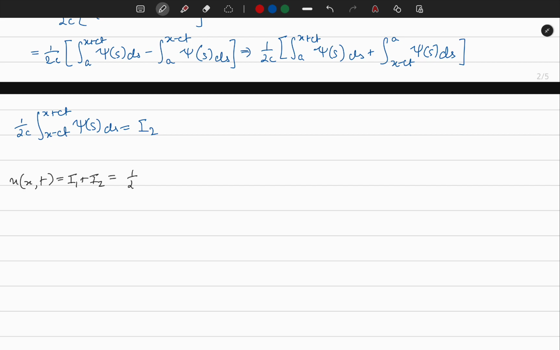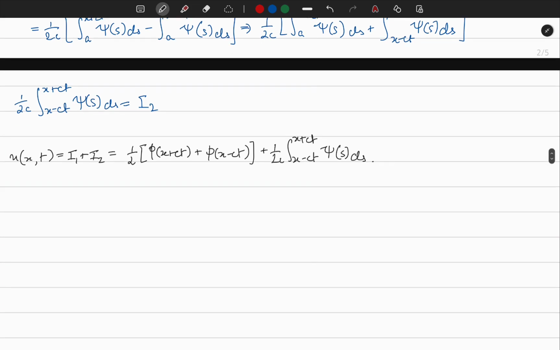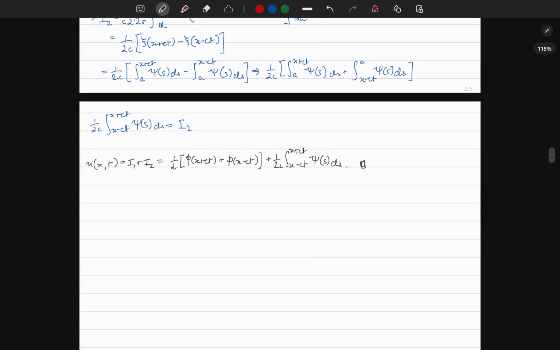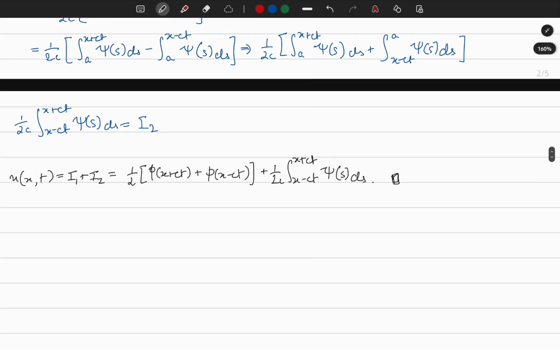Or in other words, D'Alembert's formula: 1/2 phi of x plus ct plus phi of x minus ct, plus 1 over 2c integral from x minus ct to x plus ct of psi of s ds, which is exactly what we wanted to show. And that would be a good stopping point.